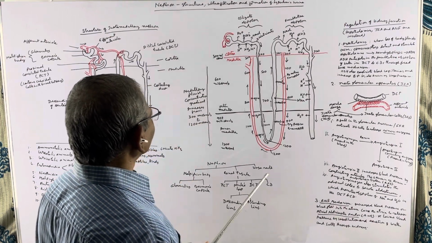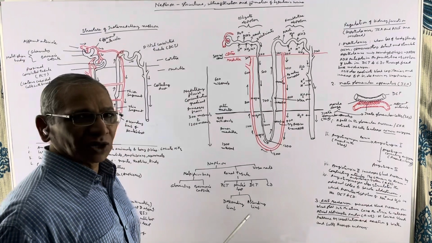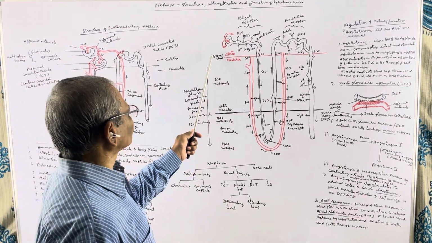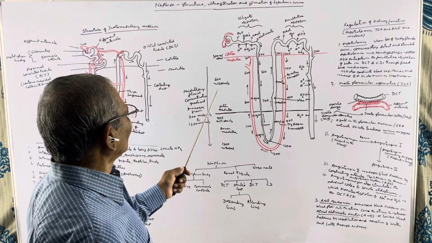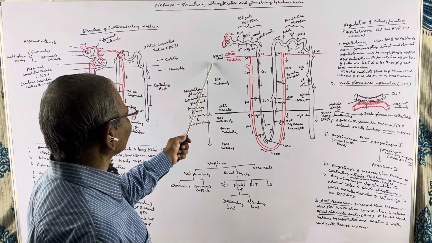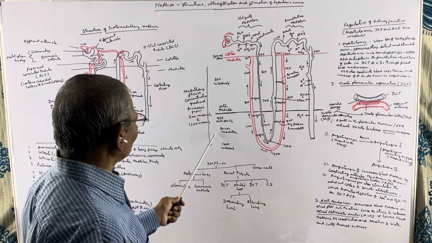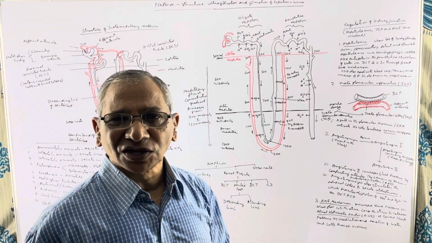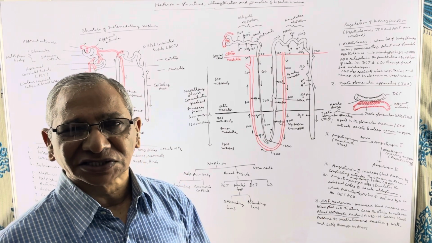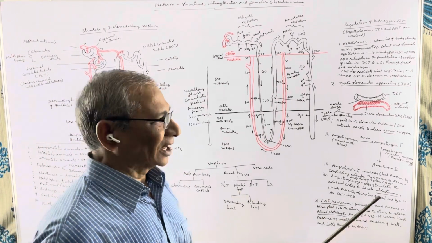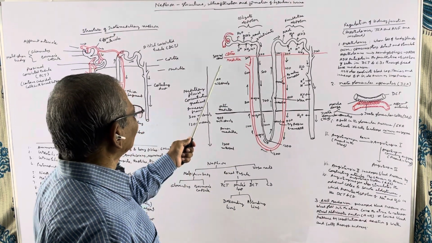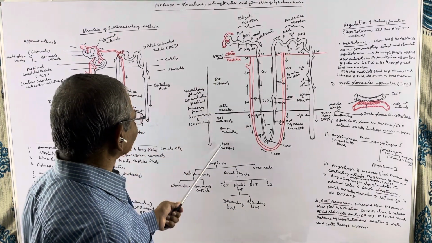In the cortex, the osmolarity of the fluid is only 300 milliosmoles. And as we move from the cortex to deeper medulla, the osmolarity of the medullary fluid gradually increases. This is very, very important. As we move from cortex to the inner medulla, the osmolarity gradually increases.